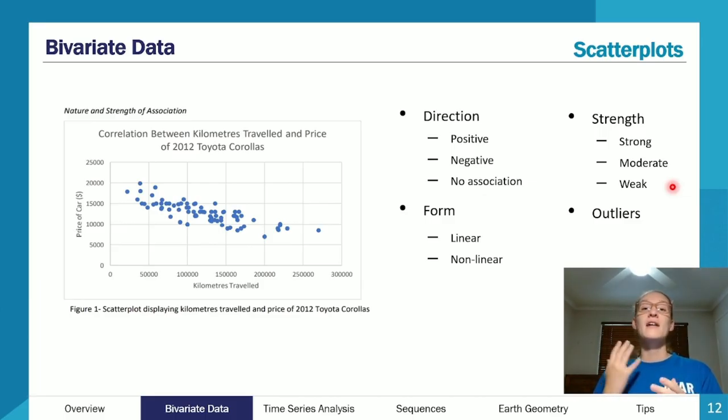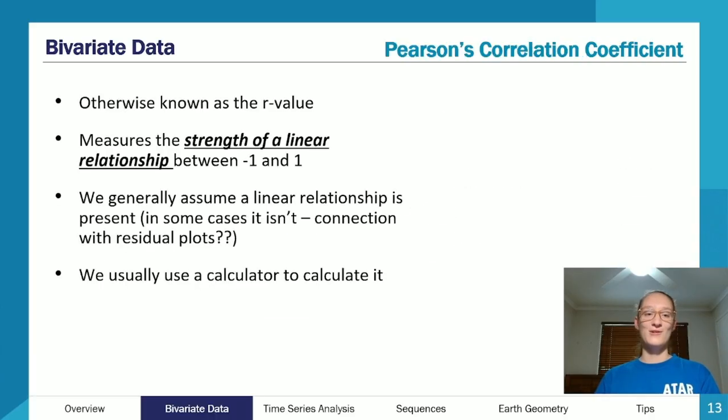And again, the R value is only appropriate if it is linear data, and because this does appear linear, I would be able to calculate a Pearson's correlation coefficient. Well, only if I'd first also constructed a residual plot to prove that it was linear, and then I'd be able to calculate my R value to determine that mathematical strength. So there are some interesting connections for you as well.